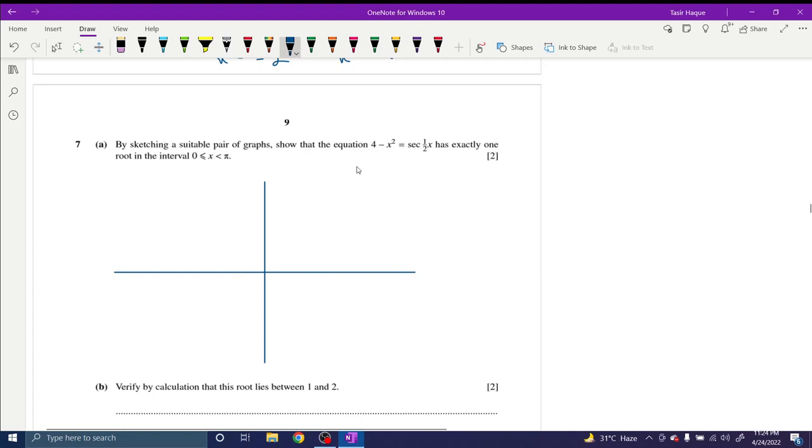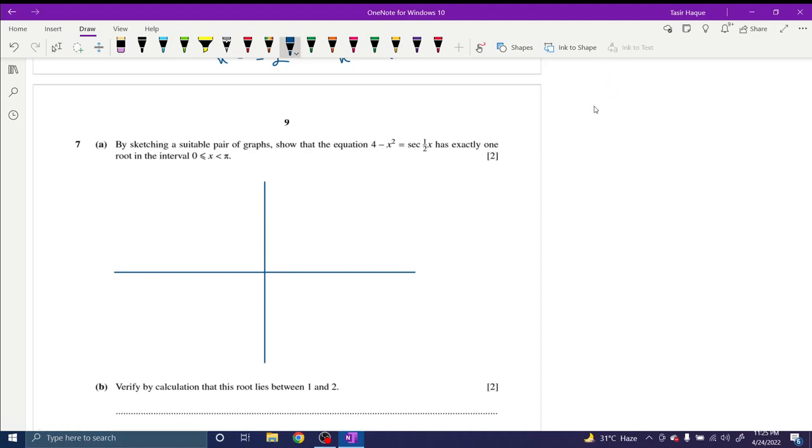Let's draw sec half x first, that's going to make things easier. Or let's learn sec x first. What's the graph of sec x, which is 1 by cos x? This is what the graph looks like typically.